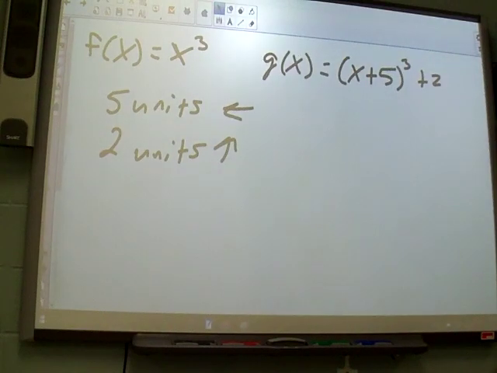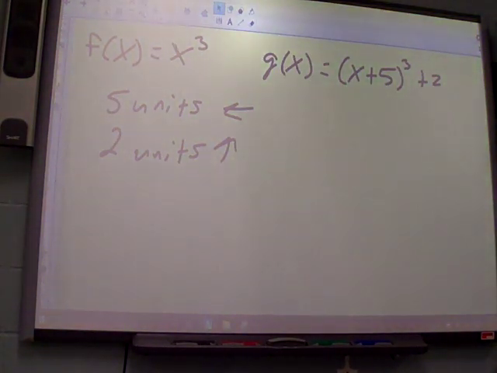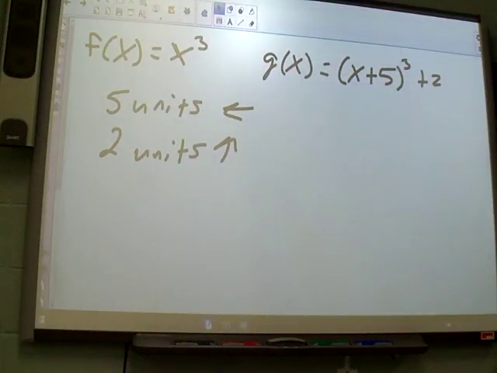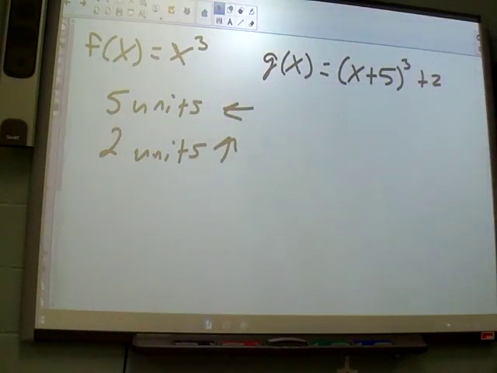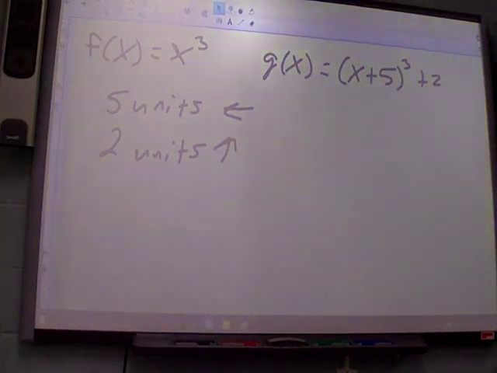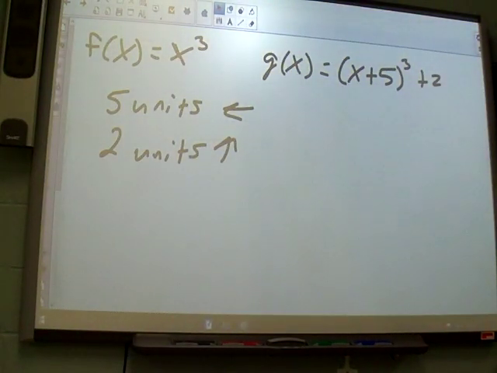Okay. What about if I did negative 1 cubed? What's negative 1 times negative 1 times negative 1? Okay. What about if I did 2 cubed? 8. Okay, so it makes a big jump on that. So that would be going way up there. So then you know negative 2 cubed would be negative 8. So that would be coming way down there.